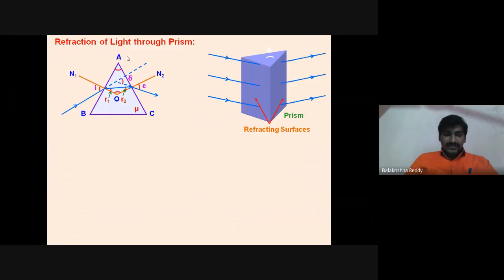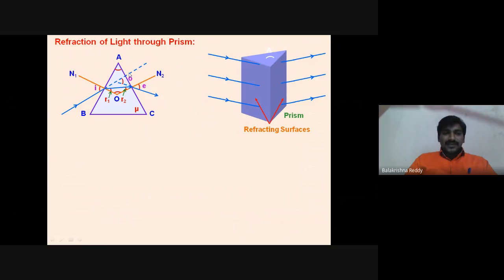Wherever the extended incident and emergent light rays meet at a point, that angle is called the angle of deviation.